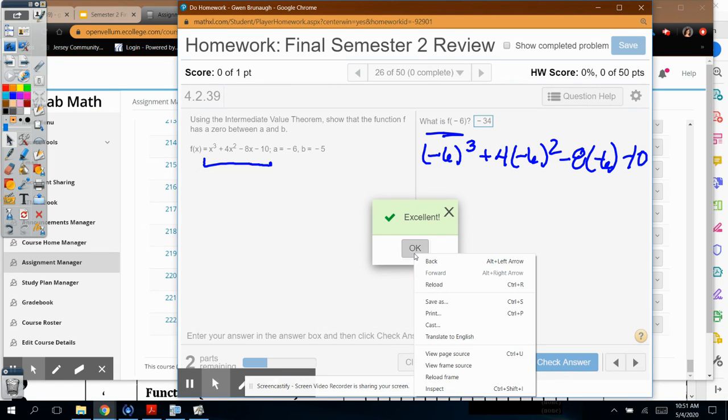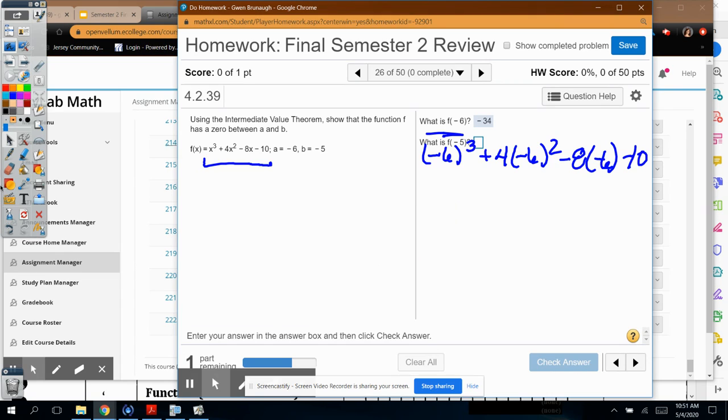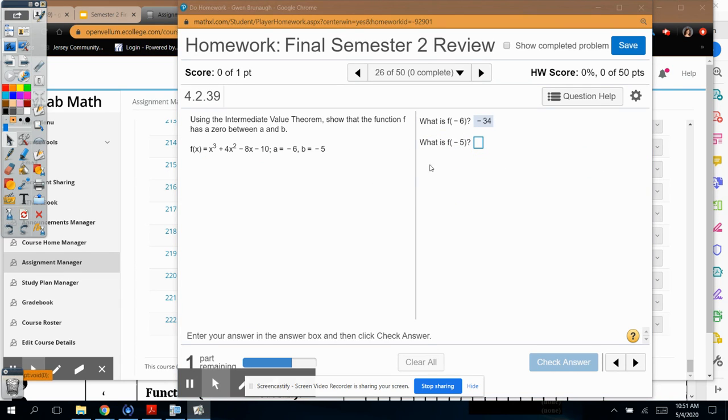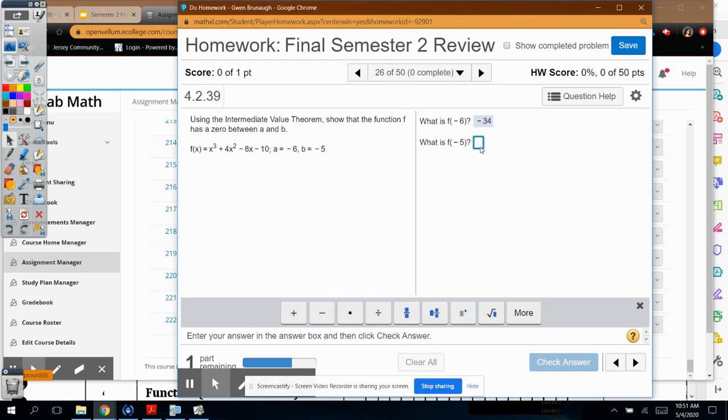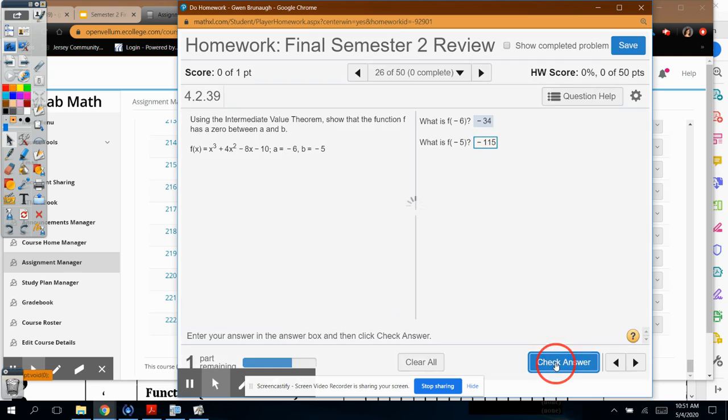Now they would like me to plug in -5. Same way, in parentheses, -5 to the third plus 4 times -5 minus 8 times -5 minus 10. And that's -115. Now here's the rule. They're going to ask if there's a 0.